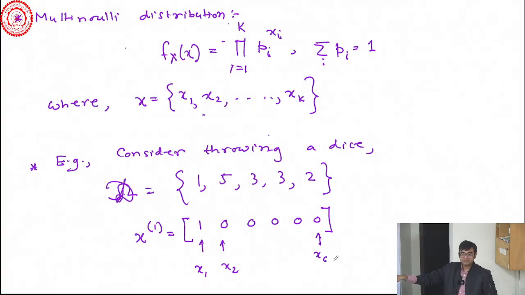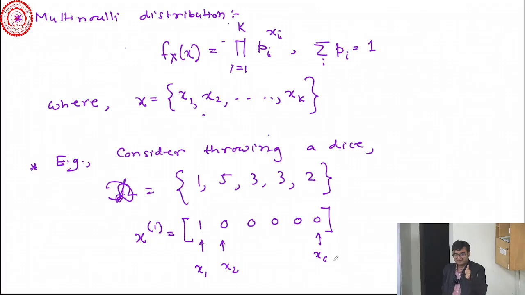This is how you represent a random variable, and when this is how you represent the random variable, you will only get 1 in one of the locations, everything else will be 0. You cannot get in a throw of dice 2 and 3 at the same time, or any 2 or any 3 at the same time. You will get only one outcome, and that one outcome location will become 1, everything else will become 0. So now if you take one of these, let's take 3, right? Take the 3 and put it there, what will you get?